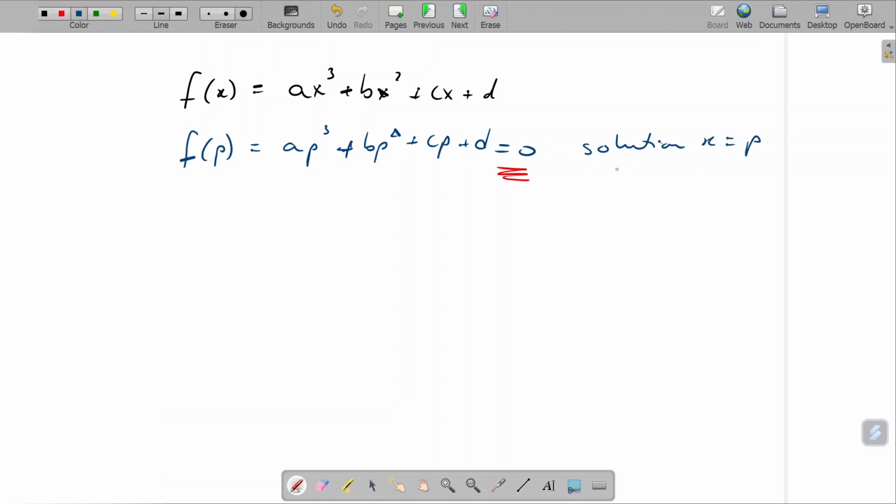As a result we'd also know that x minus p was a factor, and that x equaling p was an x-cut, an x-intercept.